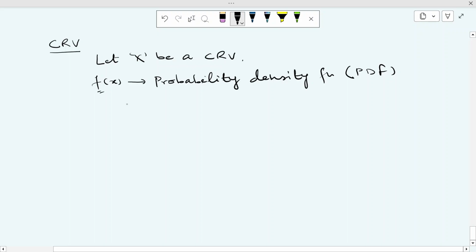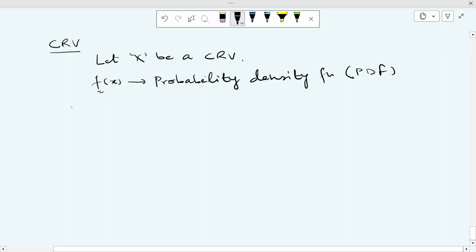This probability density function helps us to determine the probability associated with the continuous random variable, and we can also solve different problems related to it.